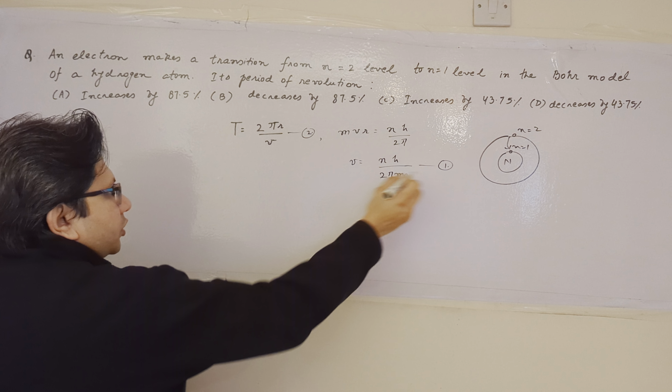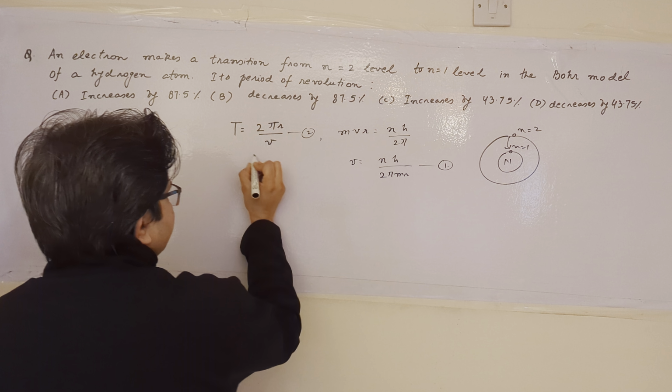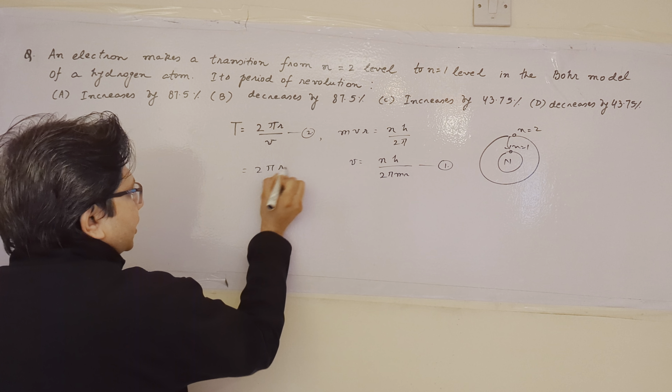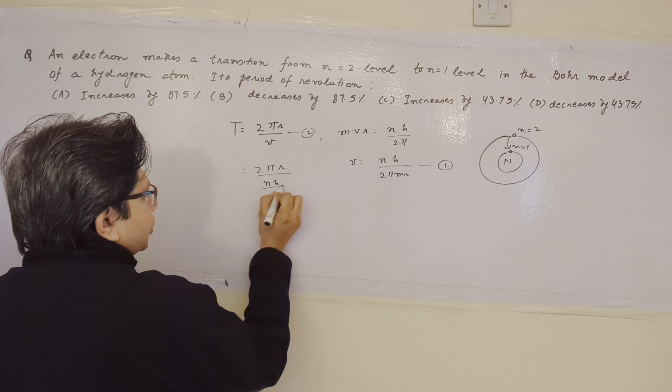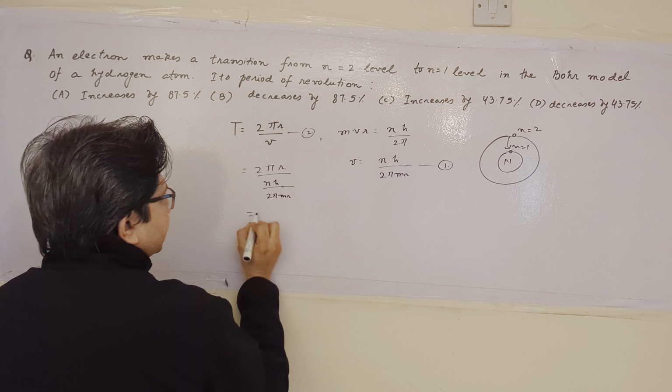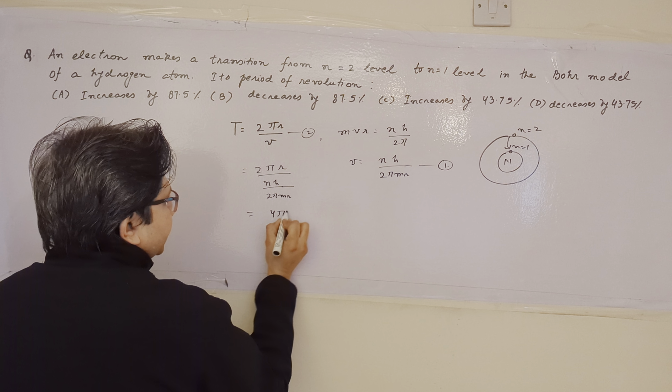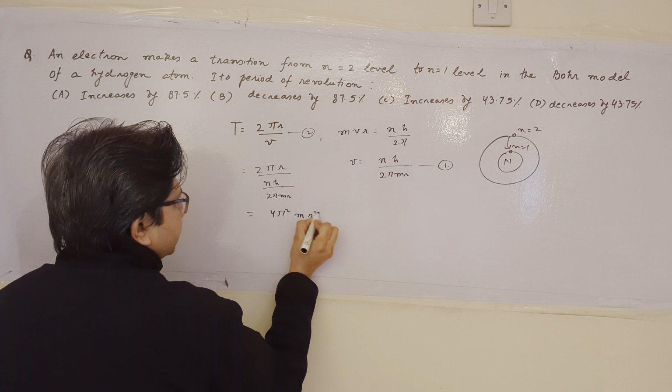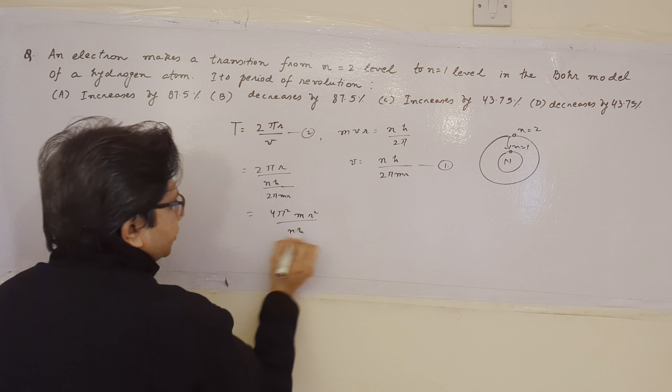So we put the value of v from equation 1 into equation 2. So we get the time period as 2 pi r upon nh upon 2 pi mr. So this comes out to be 4 pi square m r square upon nh.